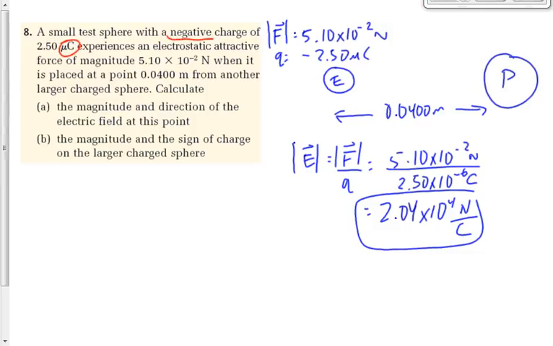We have an experiencer that has a negative charge. We know that it experiences a force that is toward the producer. So we're going to say the force is toward the producer. Actually, let's draw that force over here.